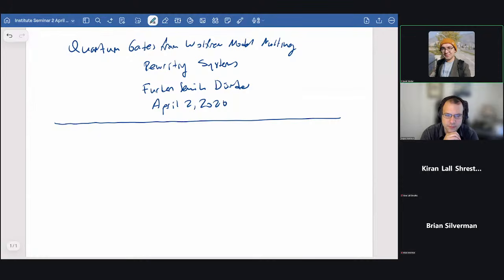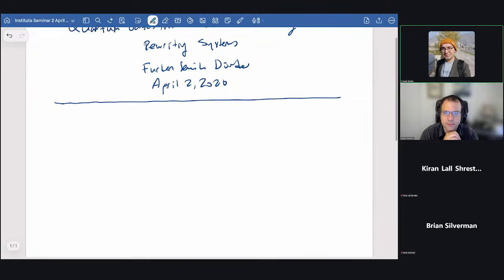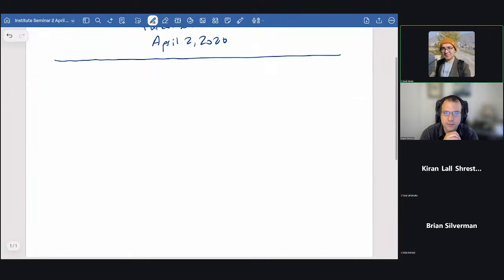I mentioned it in a previous seminar, but for completeness, let me talk about the distinction between Leibnizian and non-Leibnizian strings.